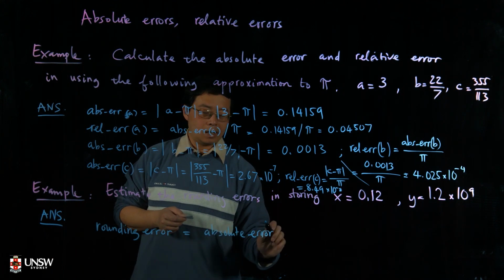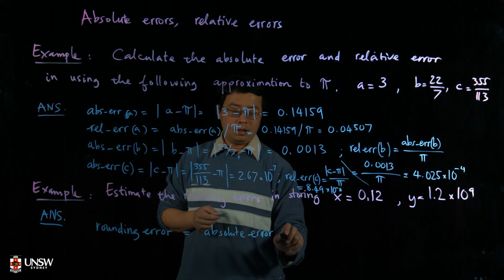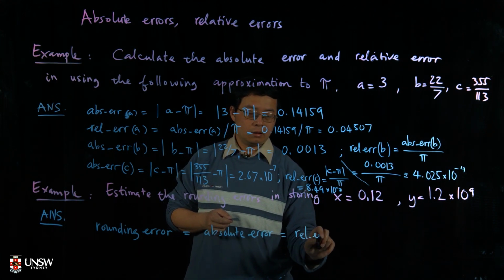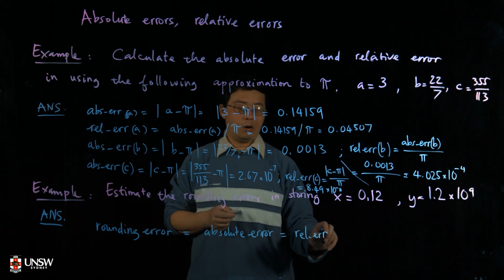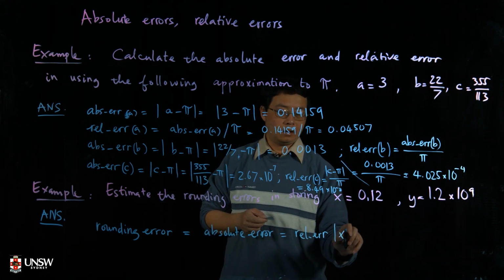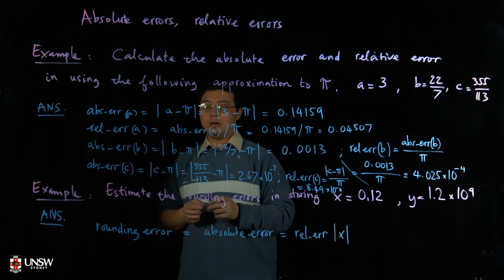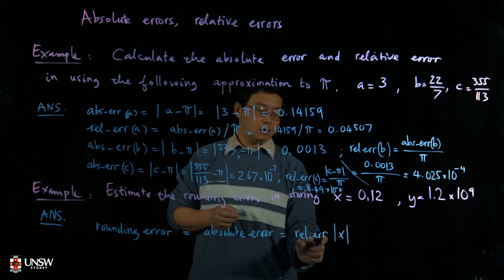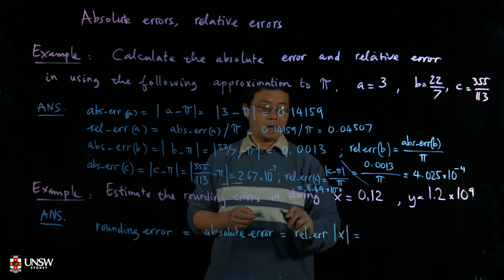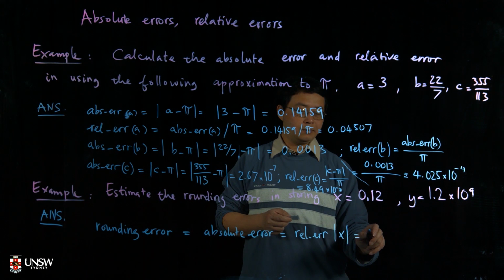Okay, and because the absolute error will be the relative error times the value of x, and because you store inside the floating point system, suppose you store inside MATLAB, then the relative error will be epsilon.